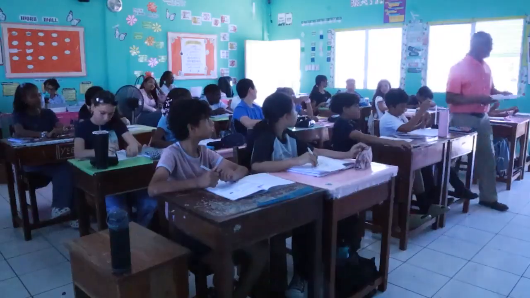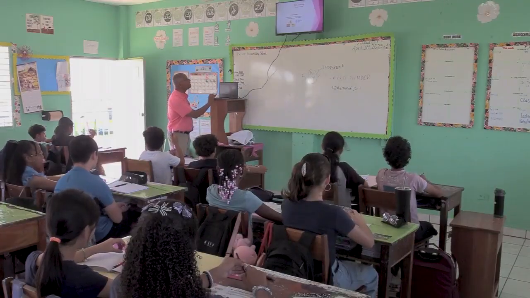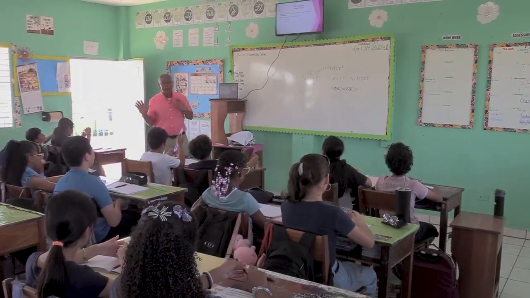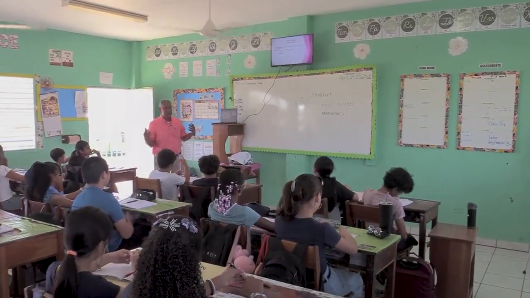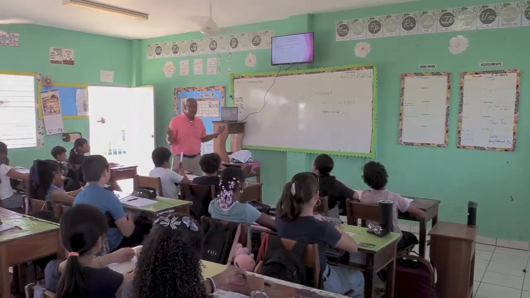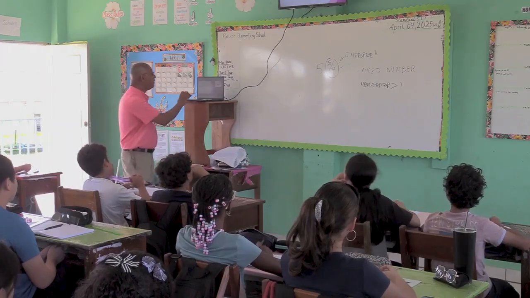All right, so let's move on with the lecture. So we've covered the topic of mixed numbers. And I mentioned to you that an improper fraction is a fraction where the numerator is greater than the denominator. So you have the example there, 7/3, and that is an improper fraction because the 7 in the numerator is greater than the 3 in the denominator.